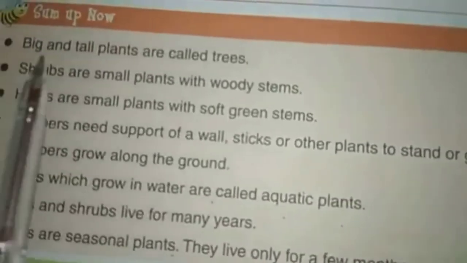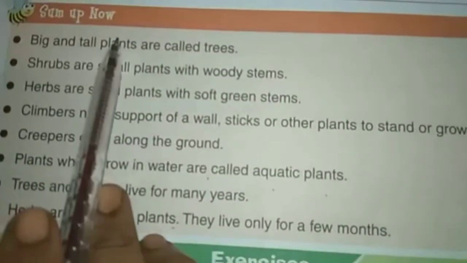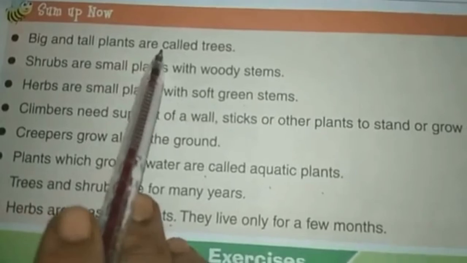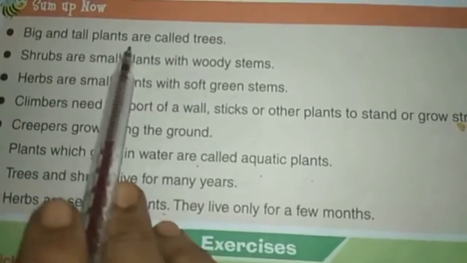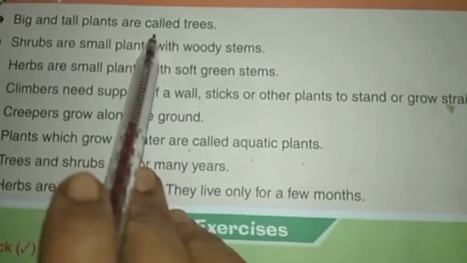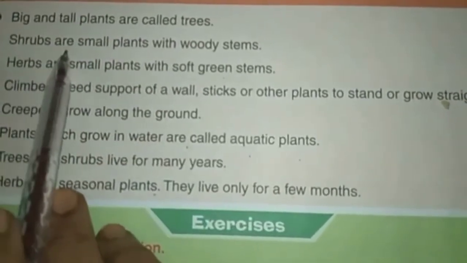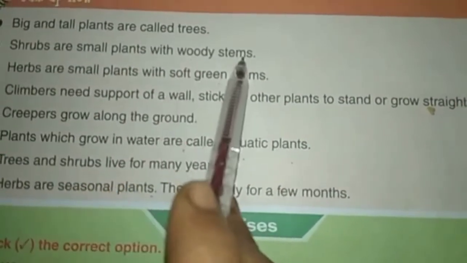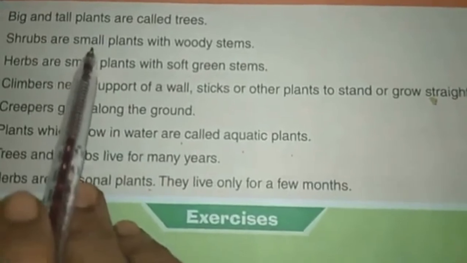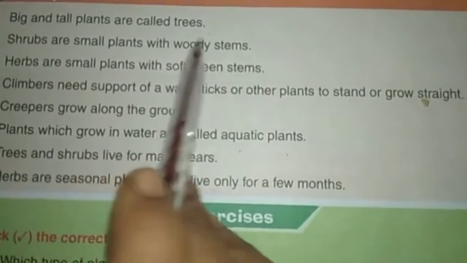Okay, children, see this. Big and tall plants are called trees. Shrubs are small plants with woody stems.